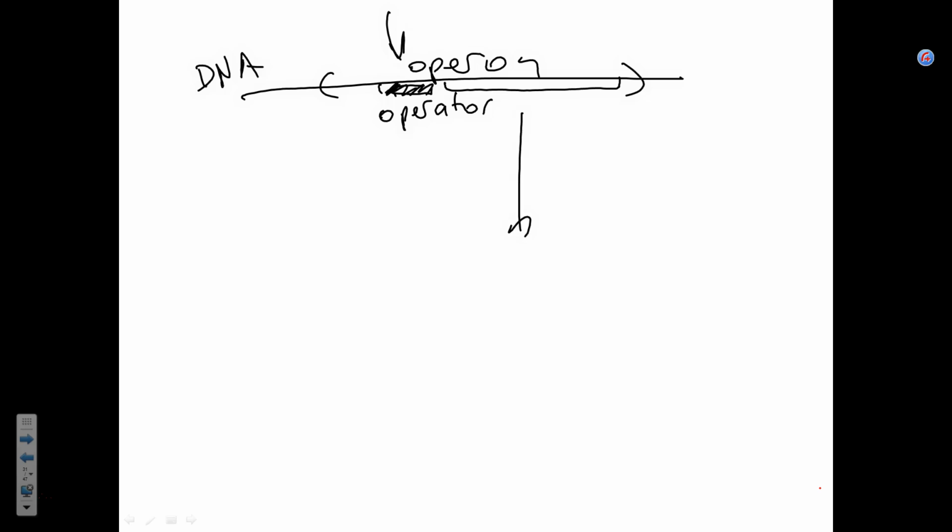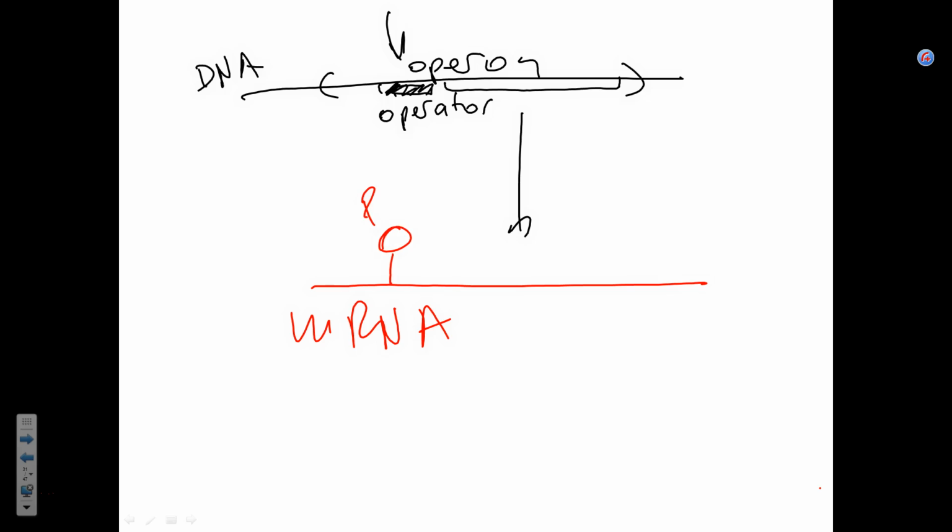When they are transcribed into mRNA, this is where riboswitches are. Riboswitch, okay? Operon. Riboswitches, yes.